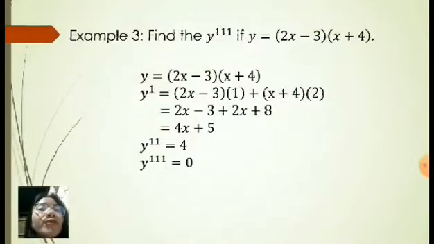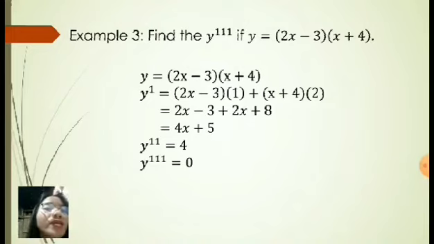Example number 3, find the third derivative if y is equal to quantity 2x minus 3 times x plus 4. Then, in this example, we will apply the product rule. So, in product rule, we have a times the derivative of b plus b times the derivative of a.